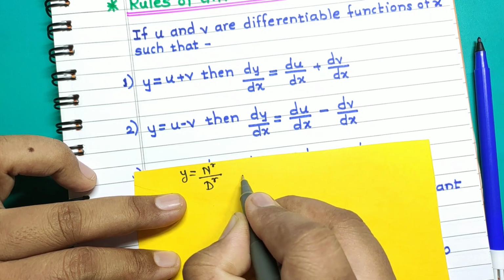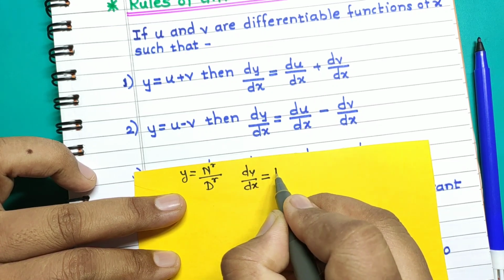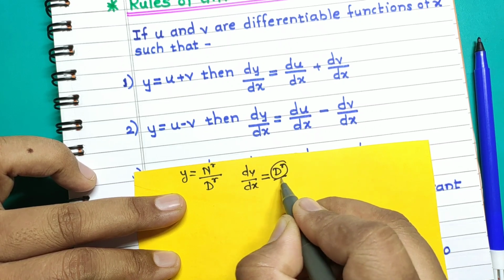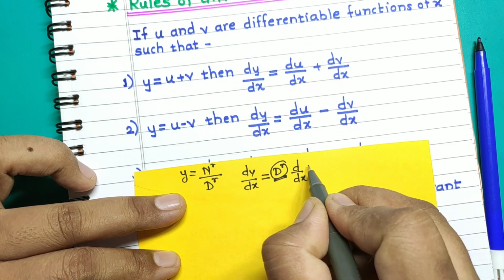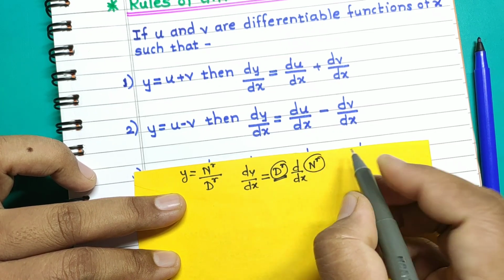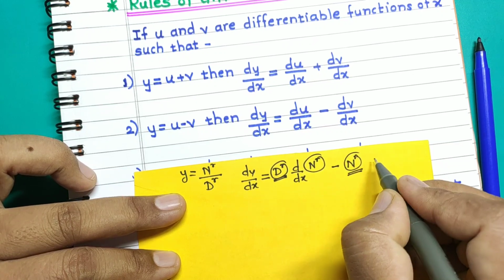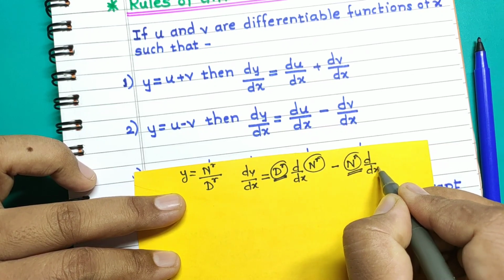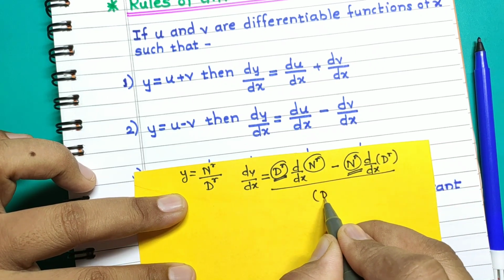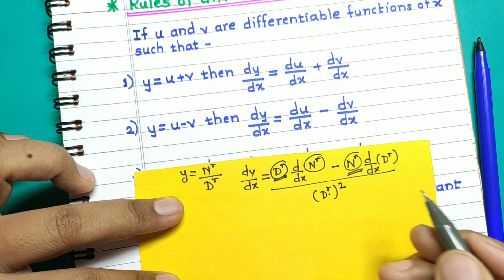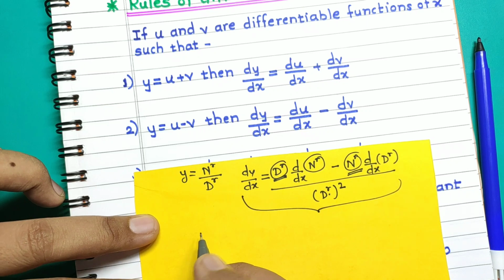So how is the rule applied? It is dy by dx is equal to denominator as it is, into derivative of numerator, minus numerator as it is, into derivative of denominator, upon denominator square. Okay, this is just for our understanding.